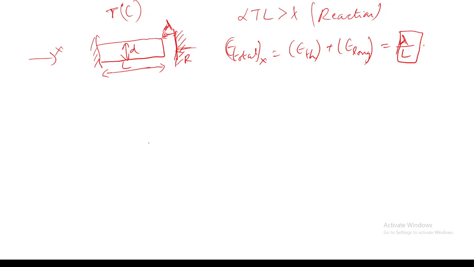So epsilon thermal, alpha t, plus epsilon longitudinal equals lambda by L.